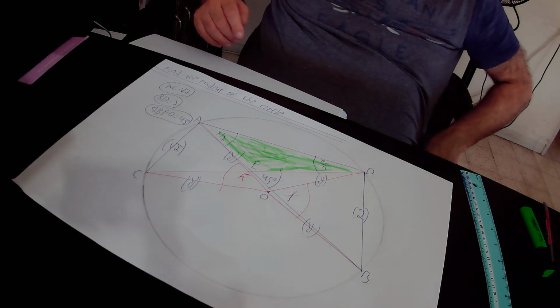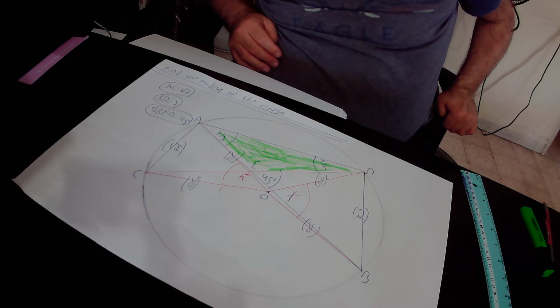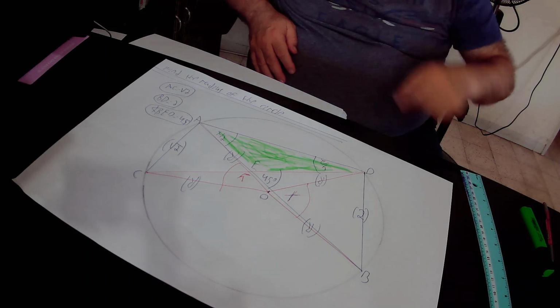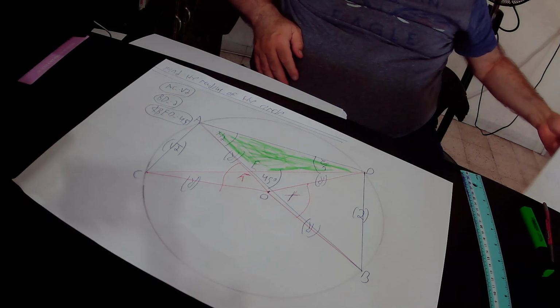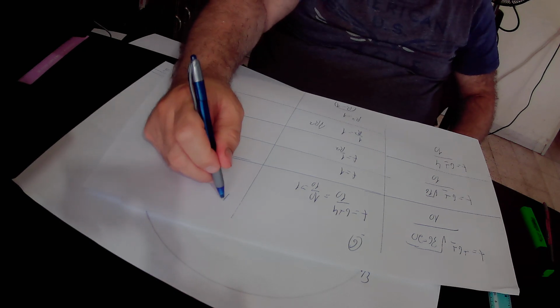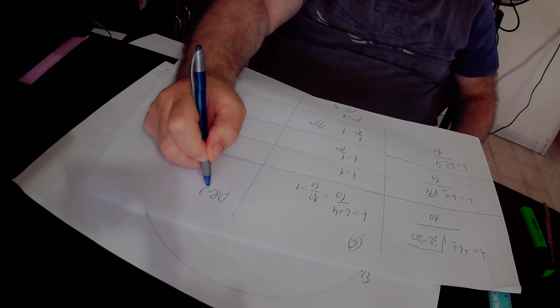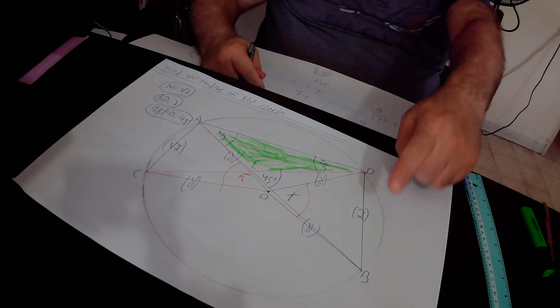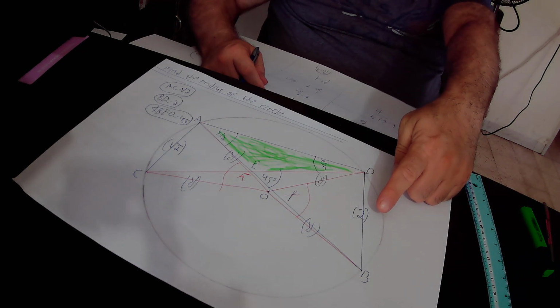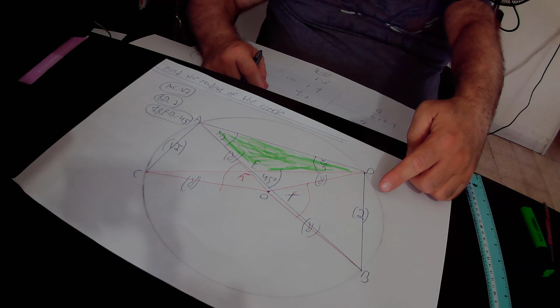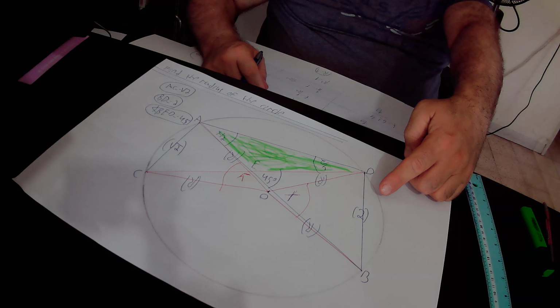Why? Because we know it is given that chord DB equals 2 units in its length, and this chord DB is definitely not the diameter of this circle.